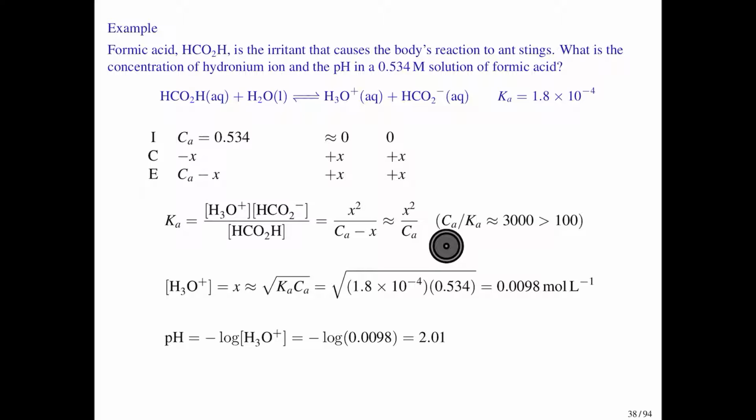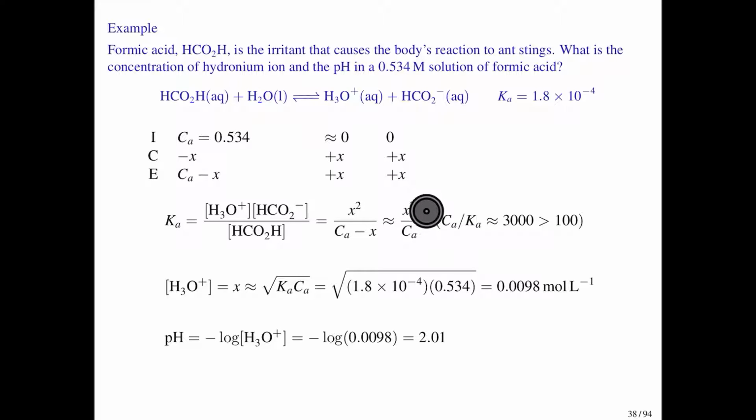So we'll take the initial concentration of the acid, divide that by Ka, and we find that the value is approximately 3,000 in this case, which is greater than 100. So that means that we can neglect minus x relative to Ca, and we have this equation that's much simpler to solve for x.